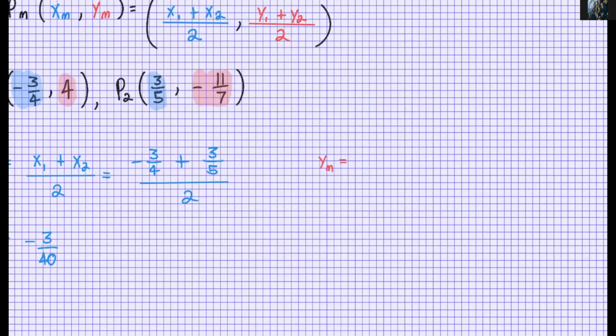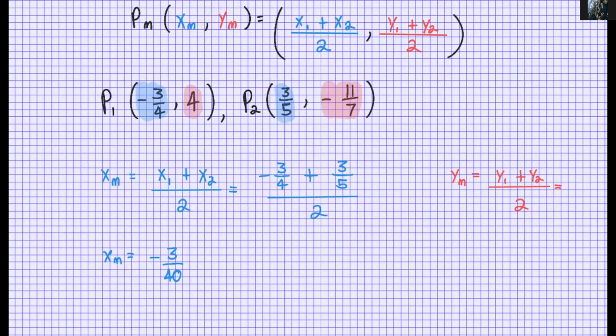Now I am going to do exactly the same thing for the y coordinate. The y coordinate of the middle point will be y1 plus y2, and it will be divided by 2. Now, if you see in this case, I have a 4, whole number here, and I have 11/7, a fraction in here. So it's just a matter of rewriting the 4 into a fraction. Now, if your calculator can do this, just put the numbers in the calculator and don't worry too much about it.